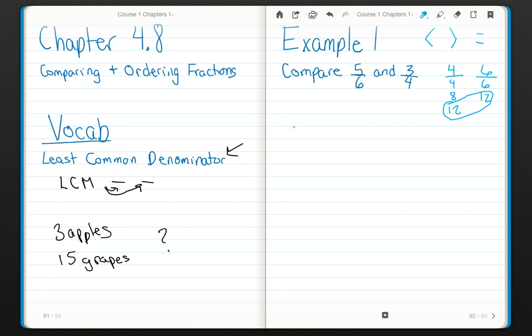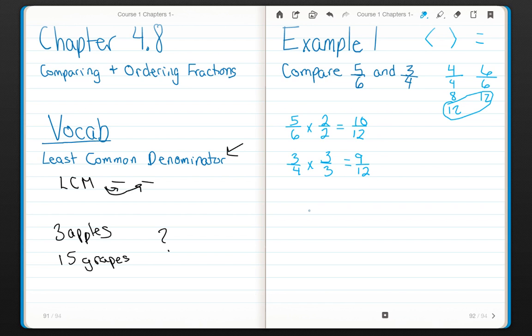So step 1, convert both fractions into twelfths. 5/6 and 3/4. So 6 times 2 is 12. 5 times 2 is 10, so 5/6 equals 10/12. 4 times 3 is 12, 3 times 3 is 9, so I have 9/12.